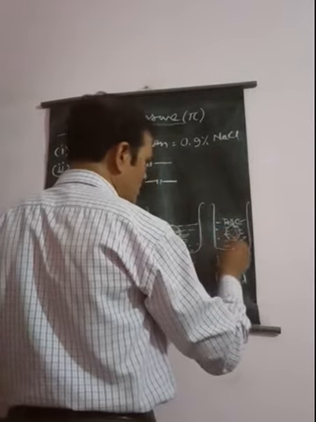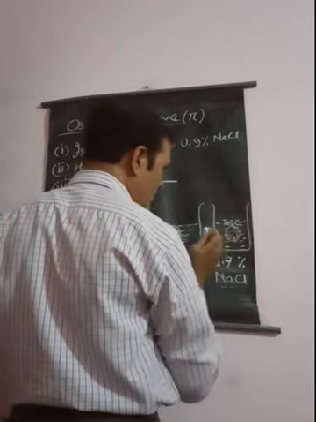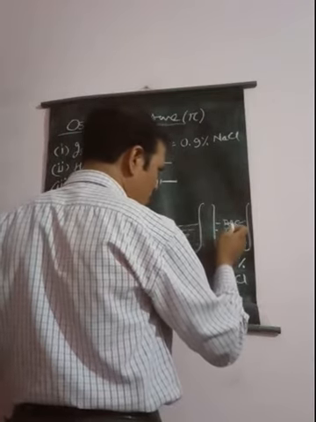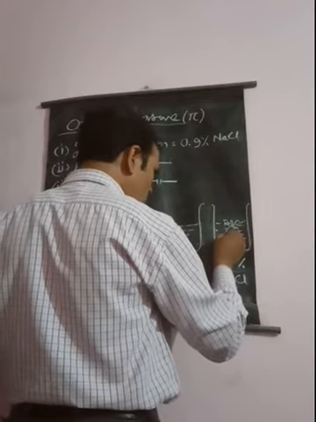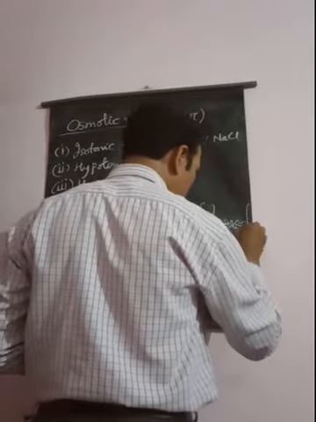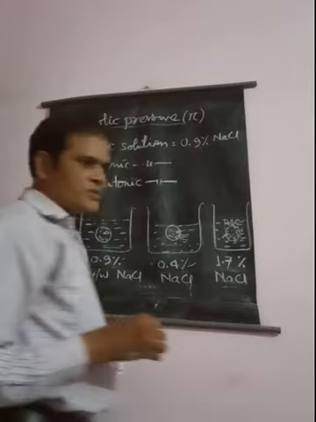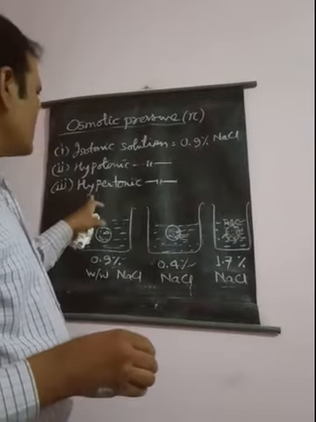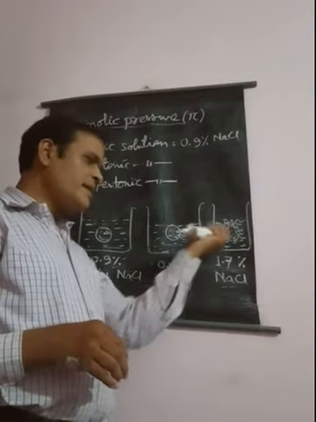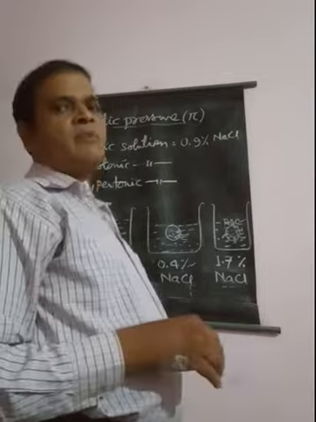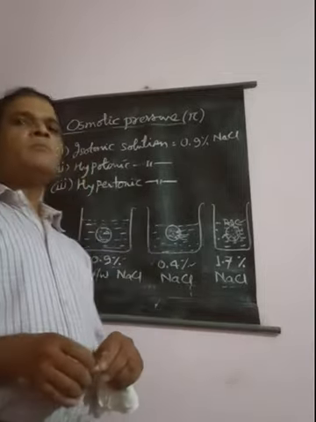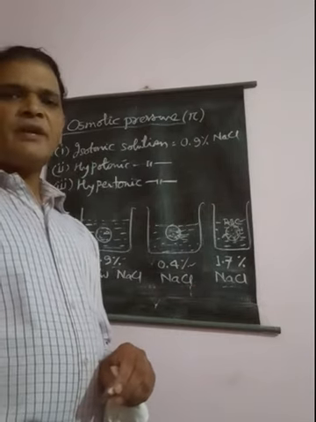So the particles of solvent of the RBC fluid will come out through the semi-permeable membrane, and our RBC will shrink. This type of solution is known as hypertonic solution, whose concentration is greater than the concentration of the fluid of RBC. In this manner we can identify solutions of different concentrations.